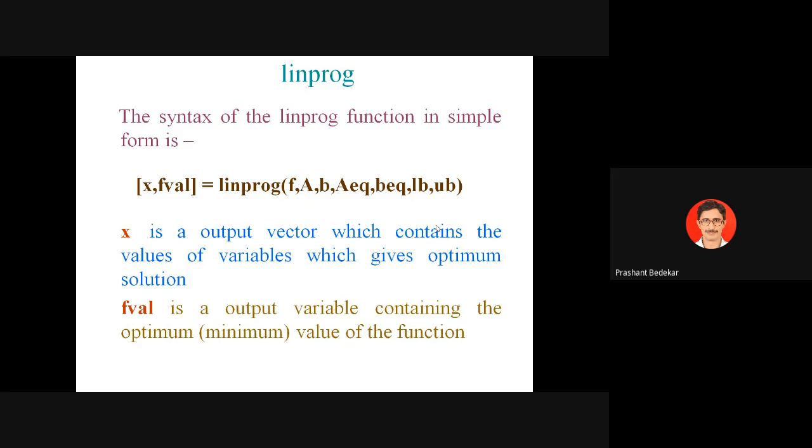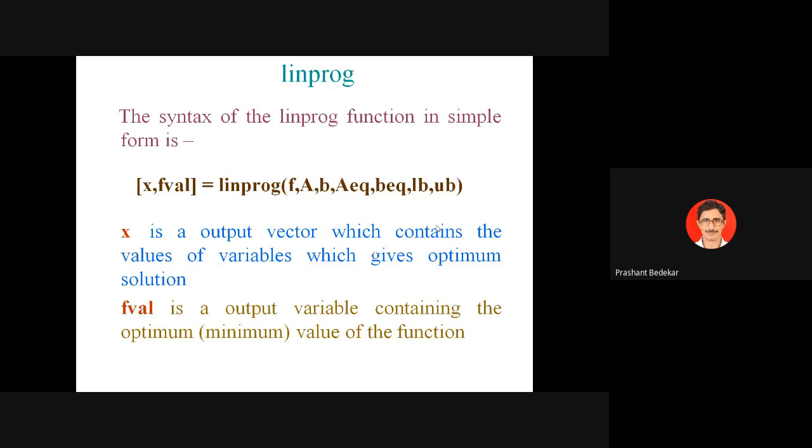I can say P comma Q. If I say P comma Q, P will be the output vector which will contain the values of variables which give the optimum solution, and Q will be the output variable that will contain the optimum value of the function. So these are just symbolic representations. You can use different variables for this. Similar is the situation with the variables which have been used on the right hand side. It is a symbolic representation, you can use other variables in its place.